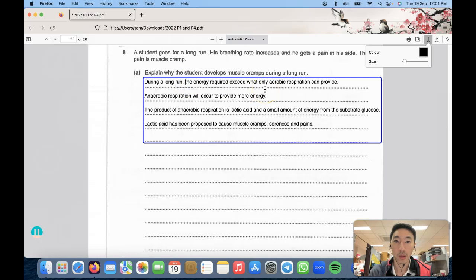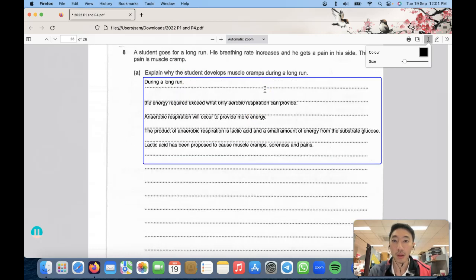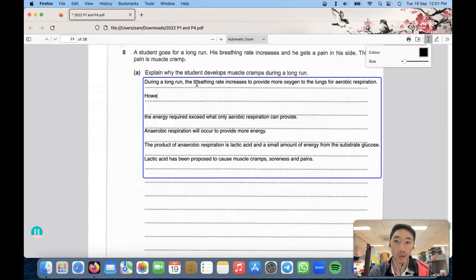During a long run, the breathing rate increases to provide more oxygen to the lungs for aerobic respiration. However, there is a maximum breathing and heart rate.